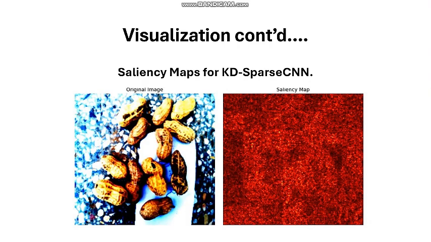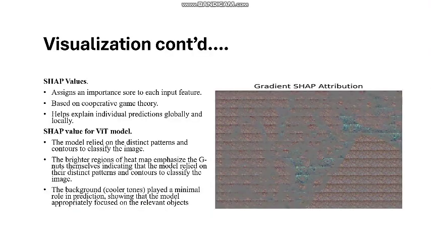This indicates that the model also concentrated on the regions of groundnuts to make classification decisions.